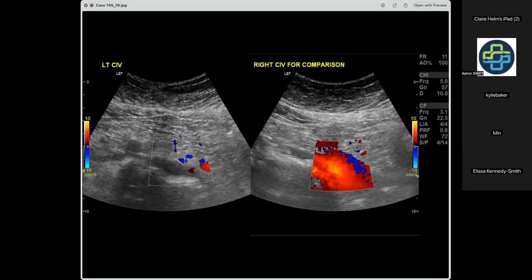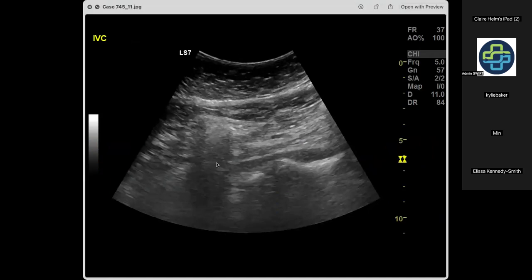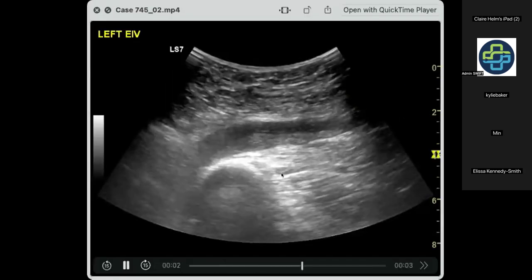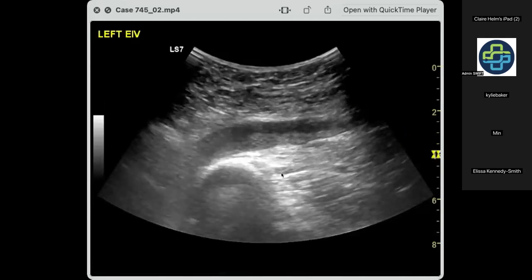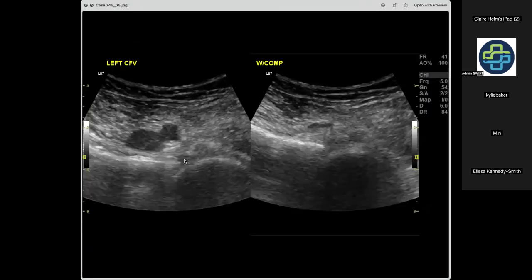Anyway, they are rare, but if I just did compression on this lady, all her leg veins were compressible. Now, hopefully, even if that were all you were doing, if you saw that, you'd go, well, it might be compressible, but it isn't normal. And if you're on the transverse view, you might miss that.